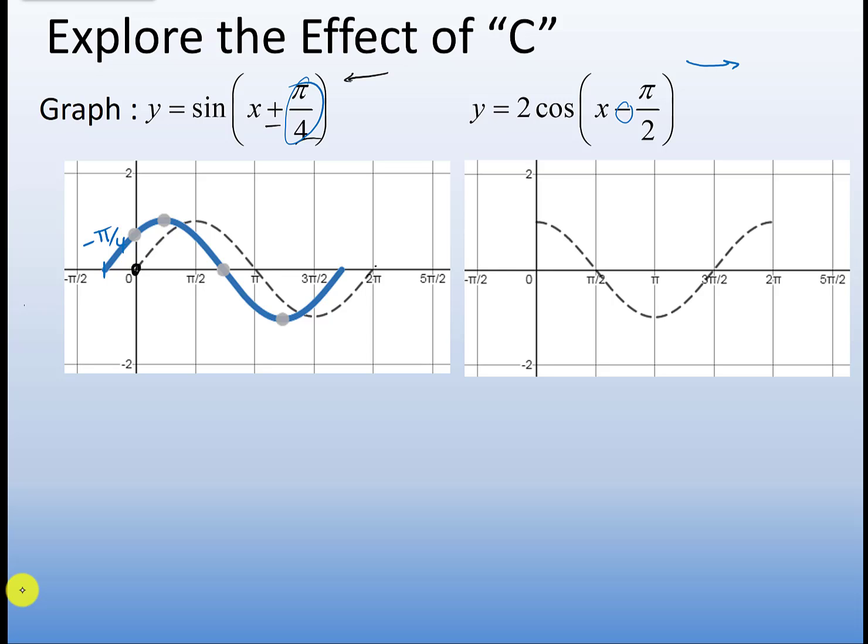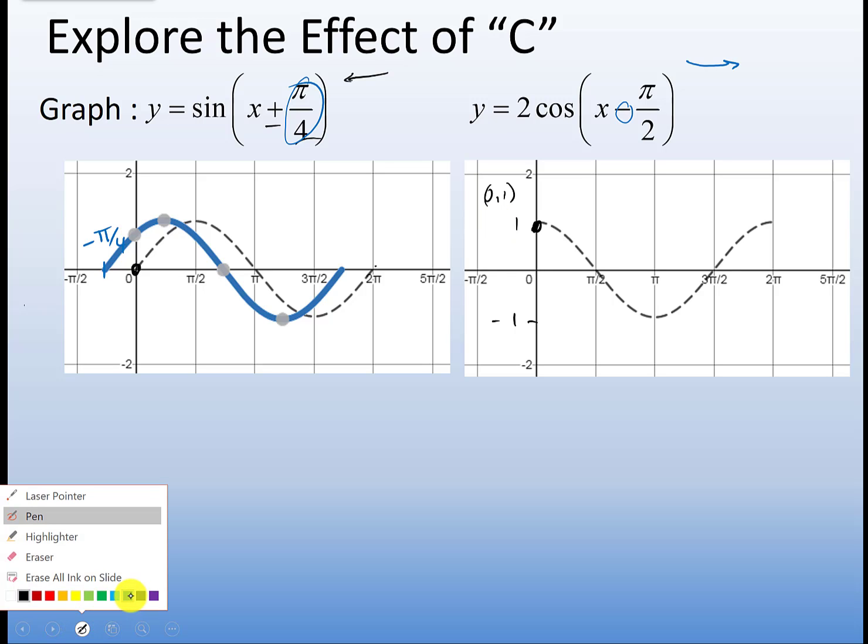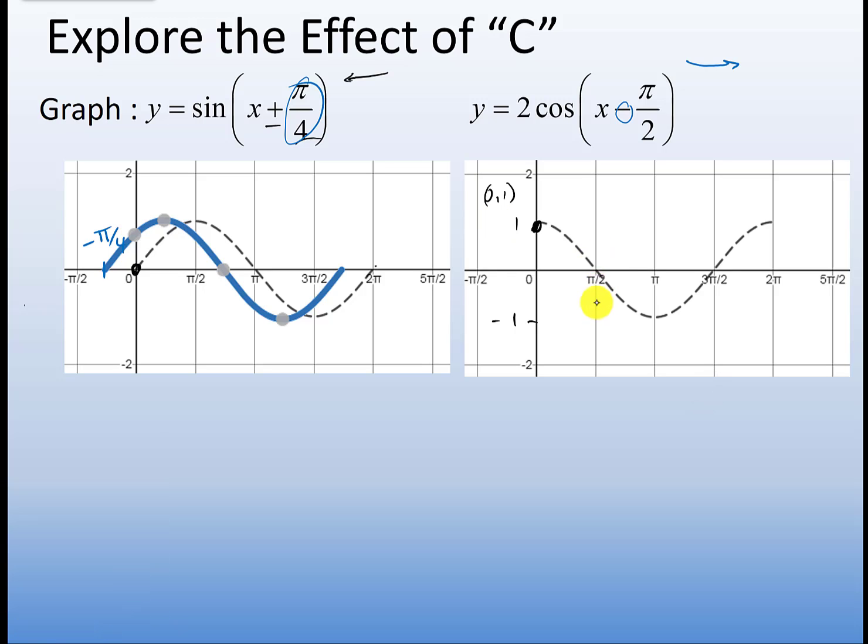All the points are going to shift. One good point for cosine is the point 0, 1, because we're still on the y-axis, and we're going to shift off the y-axis. And so a lot of people would predict, okay, this one is going to shift to this value right here, pi halves.